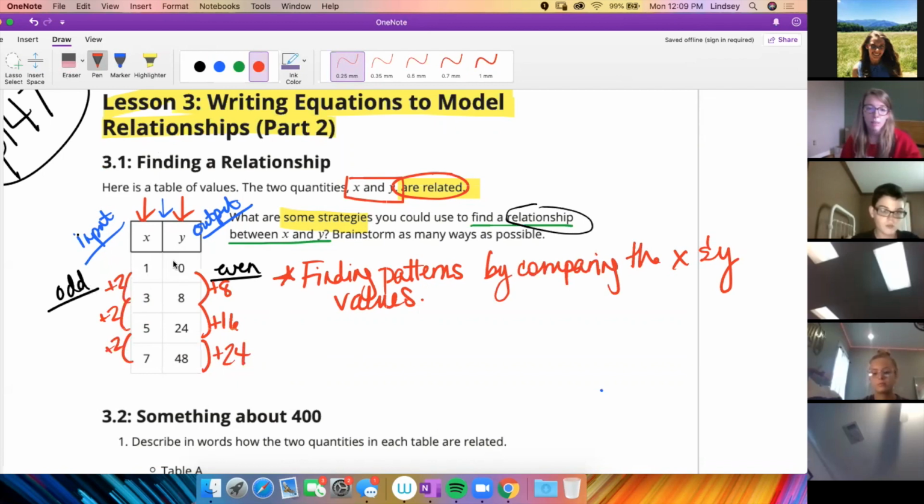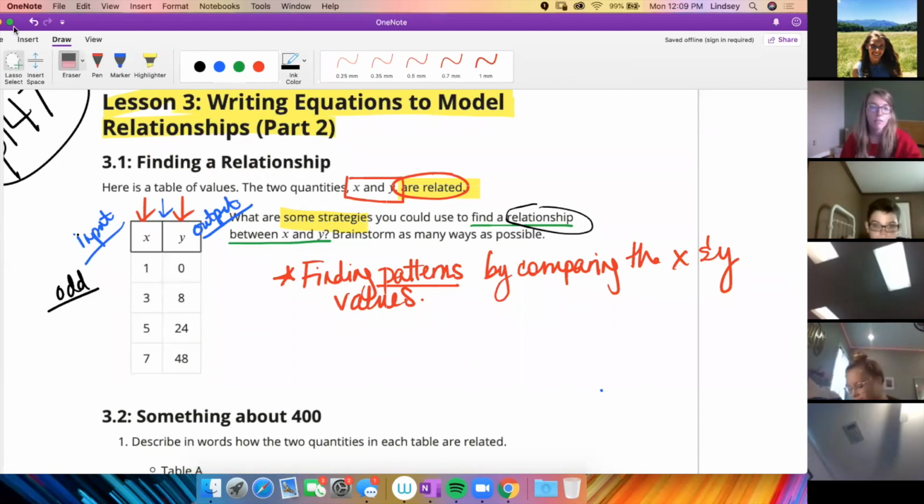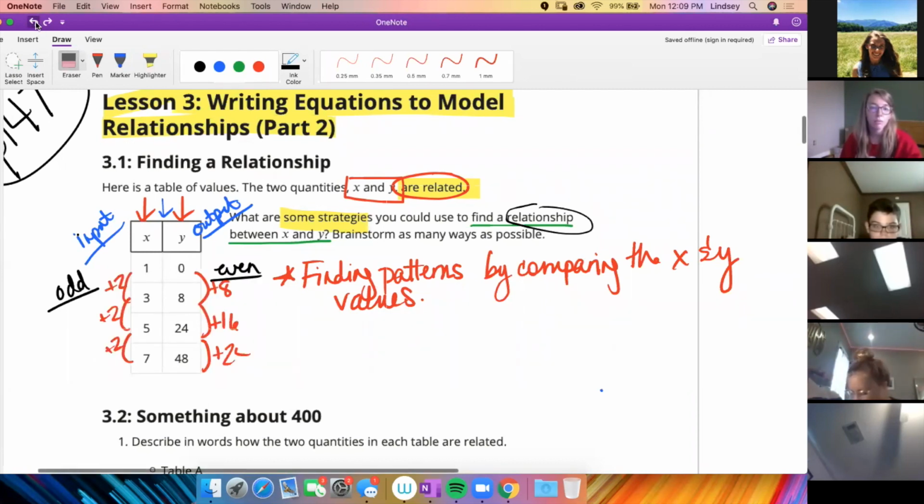Is this the same pattern? No, it's not a consistent pattern. You can find patterns to help you find the relationship, but that doesn't always point you in any direction, because we found a pattern, but it doesn't tell us the relationship. I'm going to keep those.